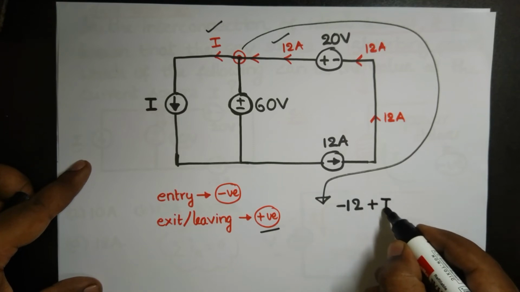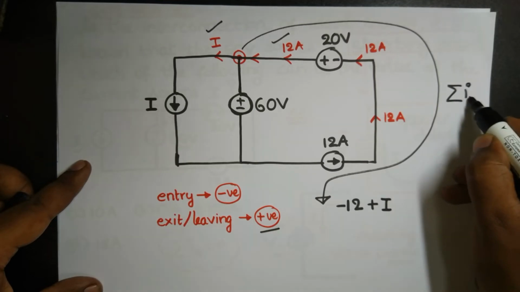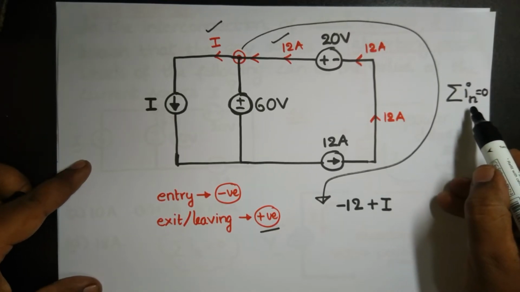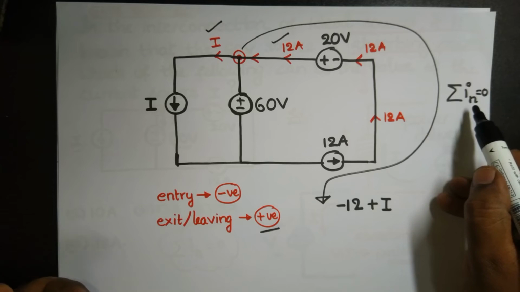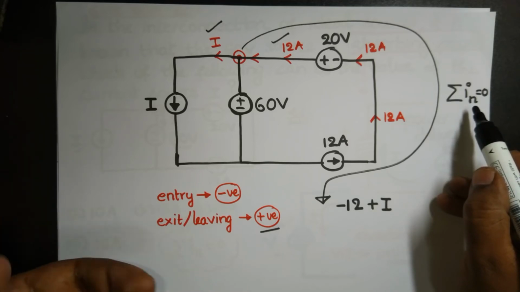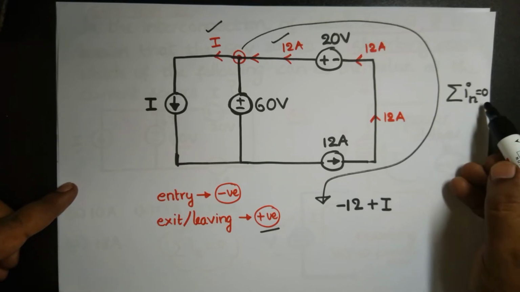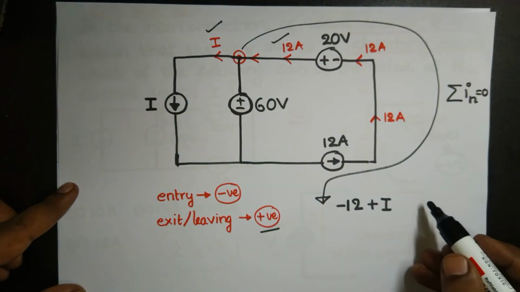Now at this node, the algebraic sum of currents, the plural form meaning a combination of entry currents and a combination of exiting currents, put together must be equal to 0. So negative 12 is entering and I is exiting.